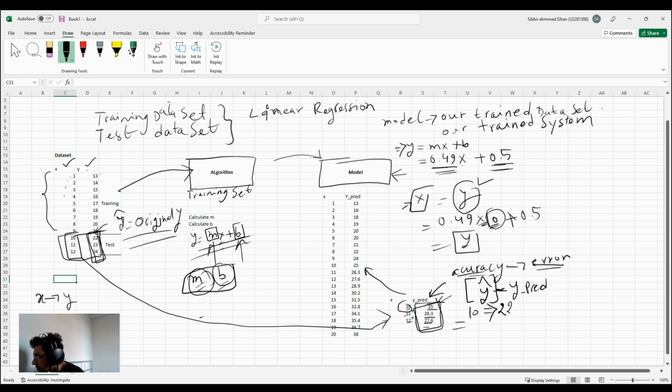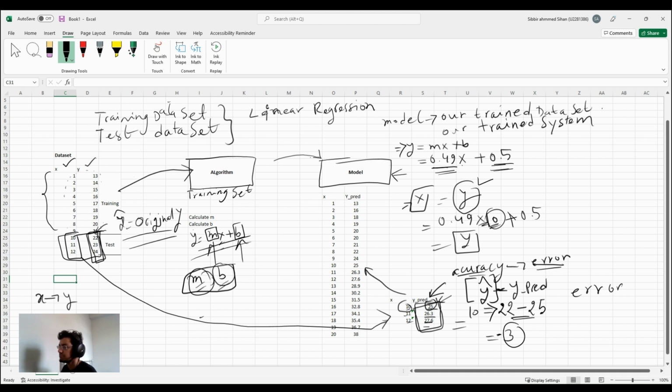See, 22 is going to be our original value. And now we subtract the predicted value, which is 25, and it is 3. So it is not accurate. It is not 100% accurate. It's very close, but not 100% accurate. So this is what we call error.